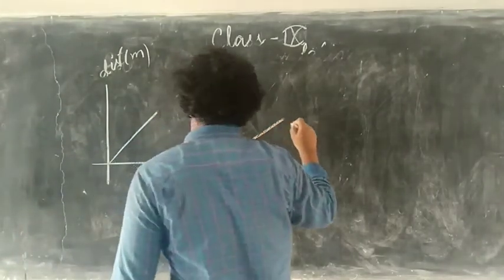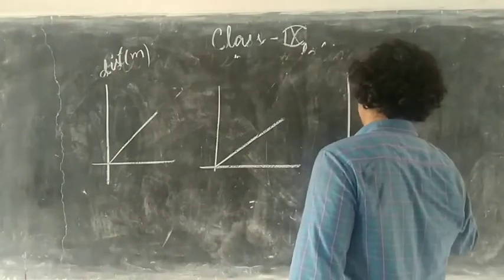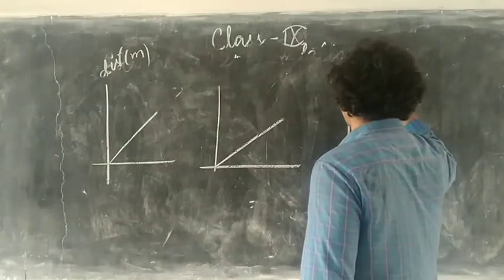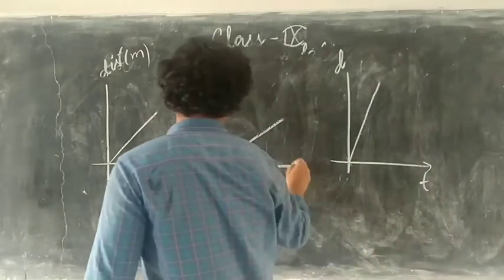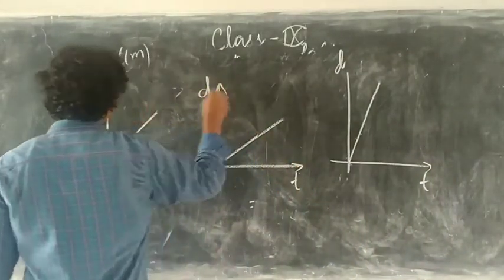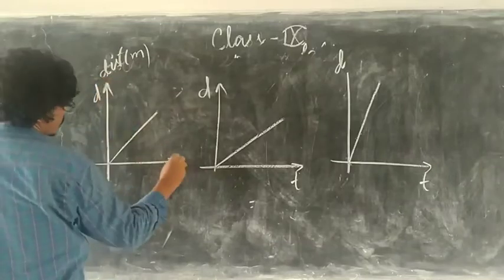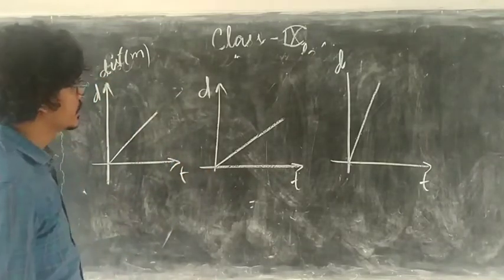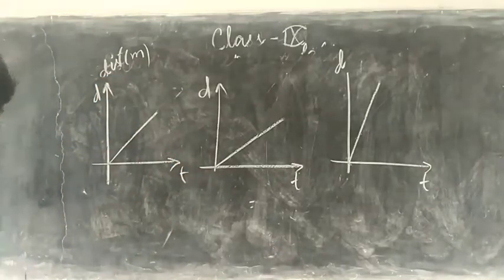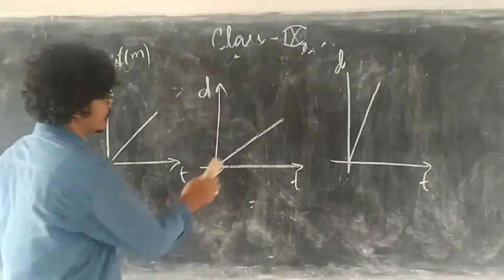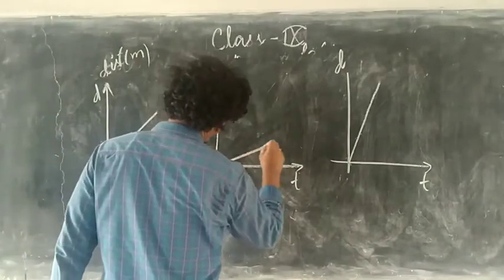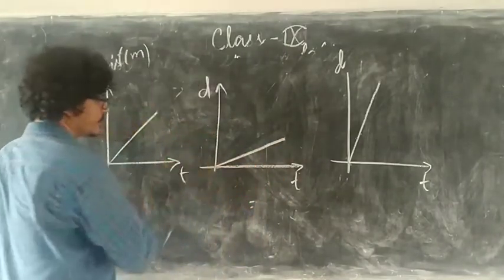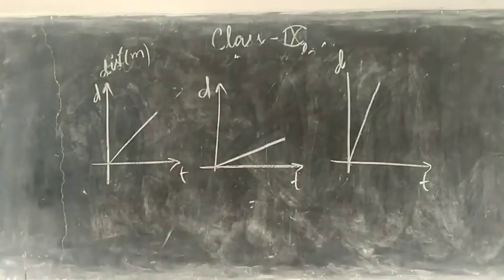Here I am drawing the distance time graph. See, all graphs are not the same, except for the fact that all pass through the origin.